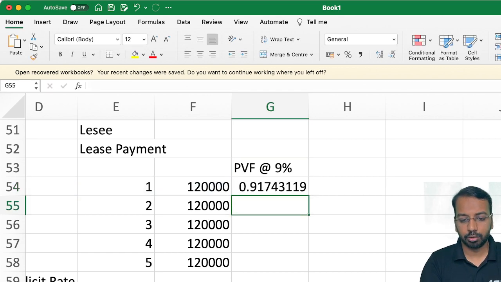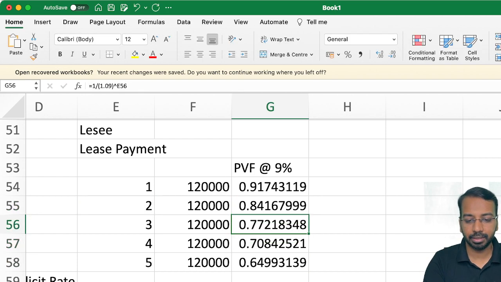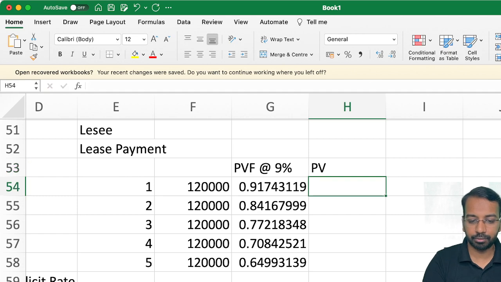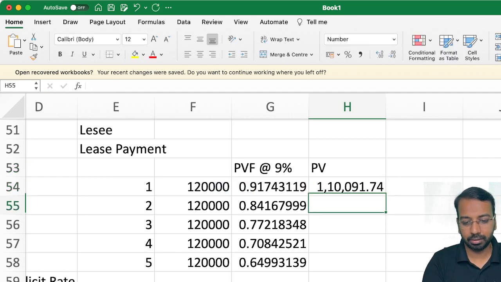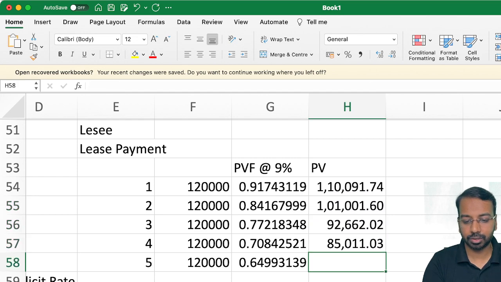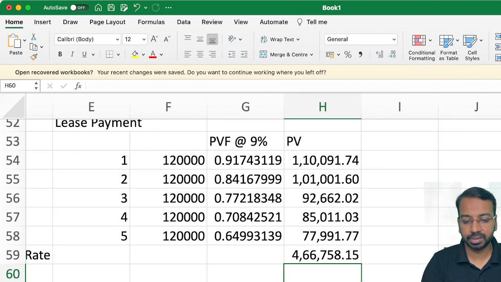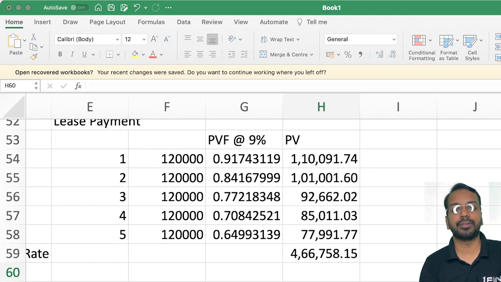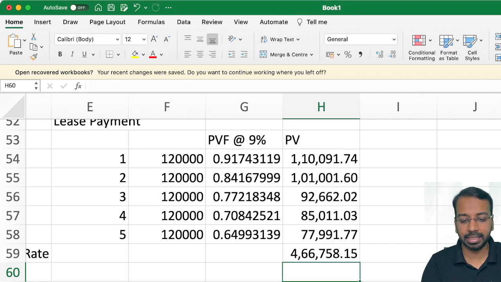Then once you press equal to one more time, like that you keep on doing, you'll get the present value factor. Present value is equal to 120 multiplied by this, 110, 192, 96, all this put together, when you sum it, you will get 466,758. This 466,758 is nothing but your lease liability.